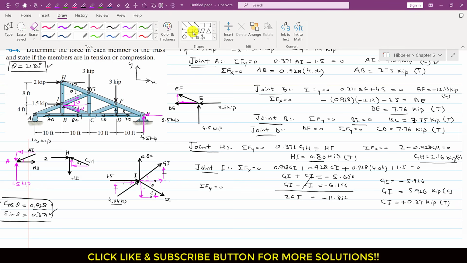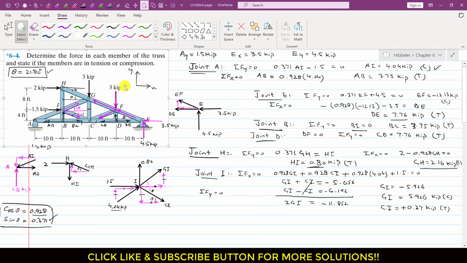It will also compress this joint F. Similarly, we will assume the GF member force to be a tension force. We will always assume the tension forces. Let's say the CF member force applies the force in this direction. And this DF member force is 0, remember. And we have this 3 kip force acting vertically downward.